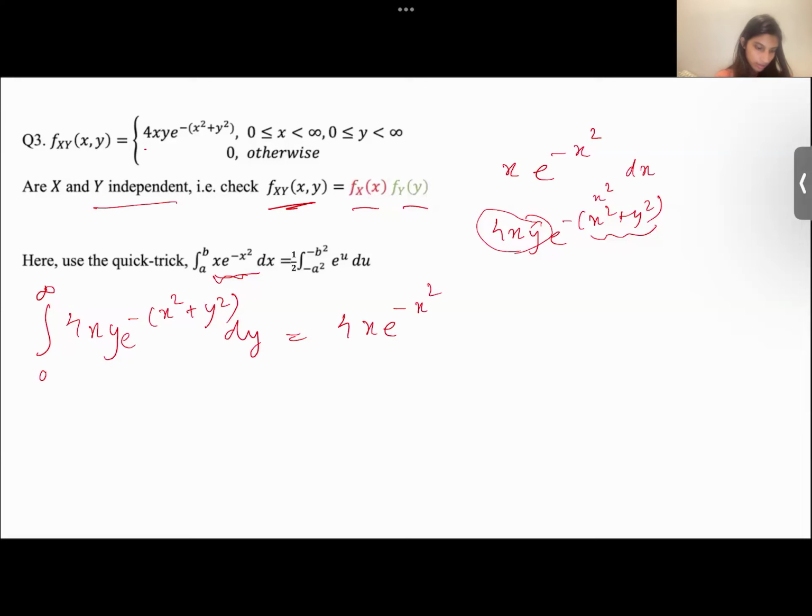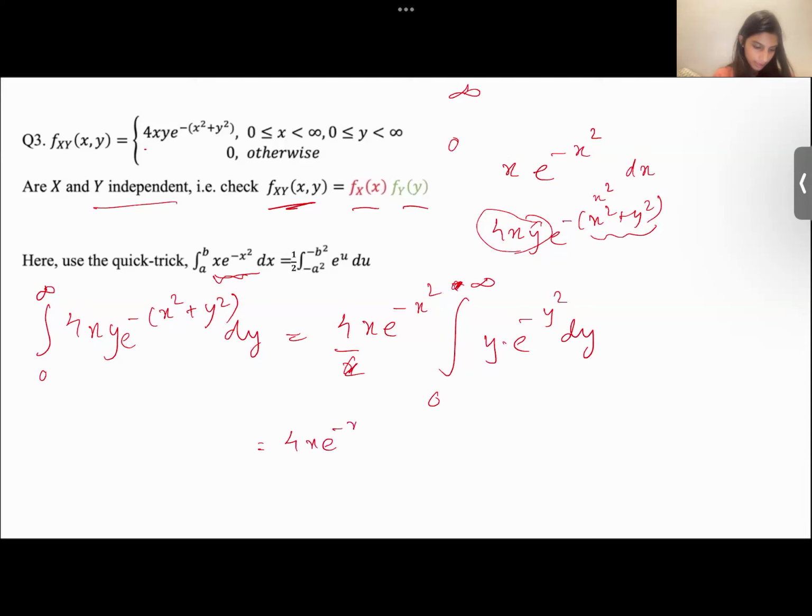And there's a half here, so you write by 2, and 0 to infinity. 0 square is also 0. Infinity square is infinity, but you write minus infinity square, so minus infinity. Wait, let's come to that later. Here, we just write it as it is now. e power minus x square, y into e power minus y square dy.